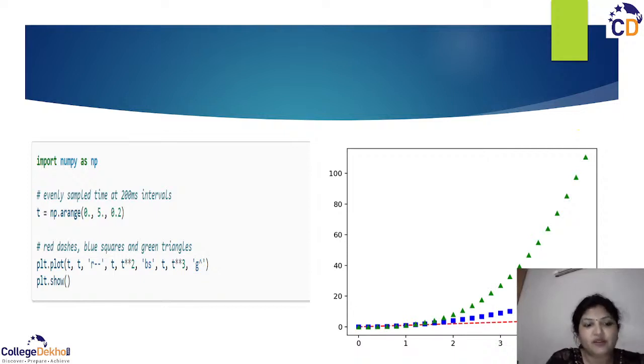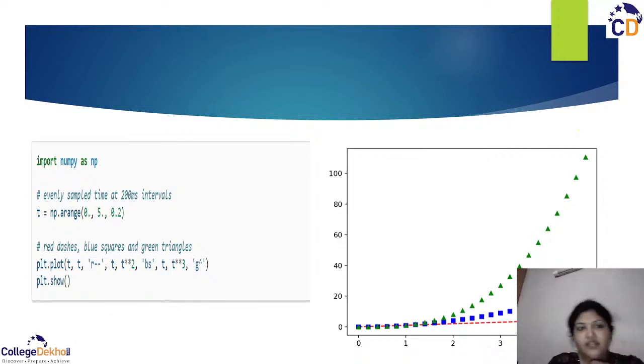Hope you have understood the function of pyplot and how to import these libraries, right? Anything to be added, you may change the color as well. We have predefined colors: r for red, g for green, and you may have blue also.